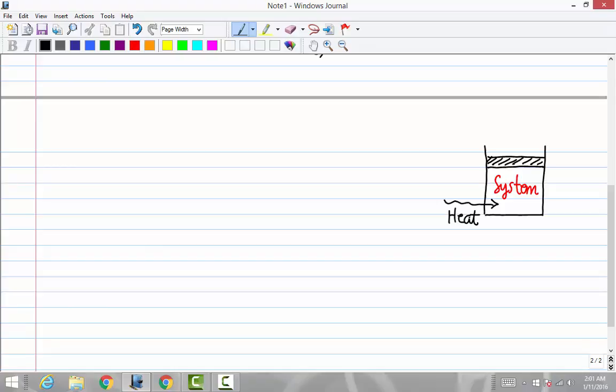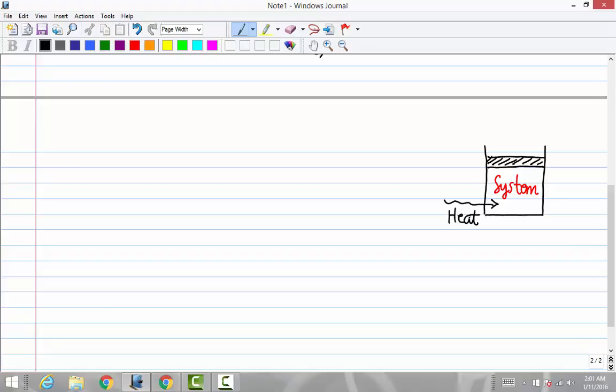As I told you in the previous lecture, when we are talking about a process, here it says heat is transferred to the water at a constant pressure. So this process has two states, the initial and the final.